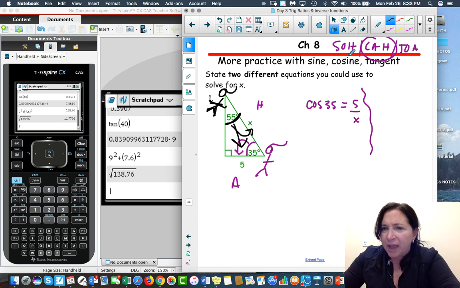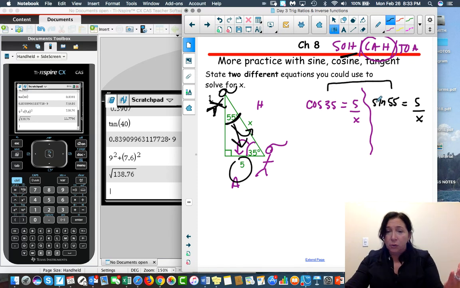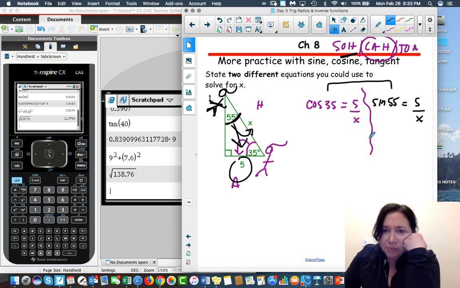The side opposite is sine, so sine of 55 degrees is equal to the opposite side, which is 5, over the hypotenuse. Notice these two angles are not the same, because I'm at two different vertices. So you just have to pick one.